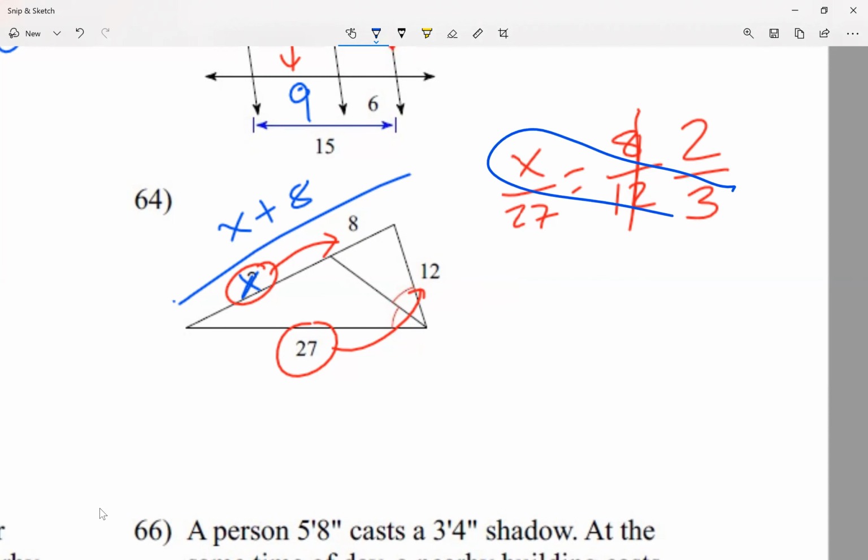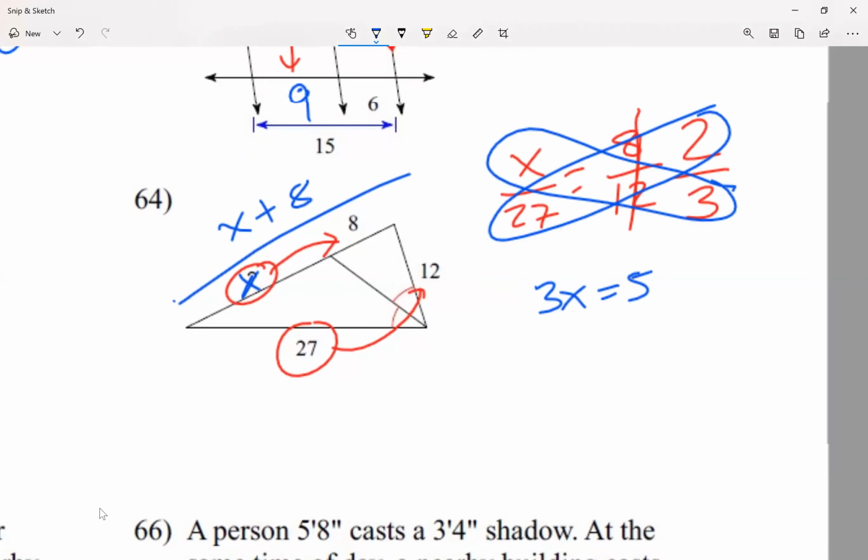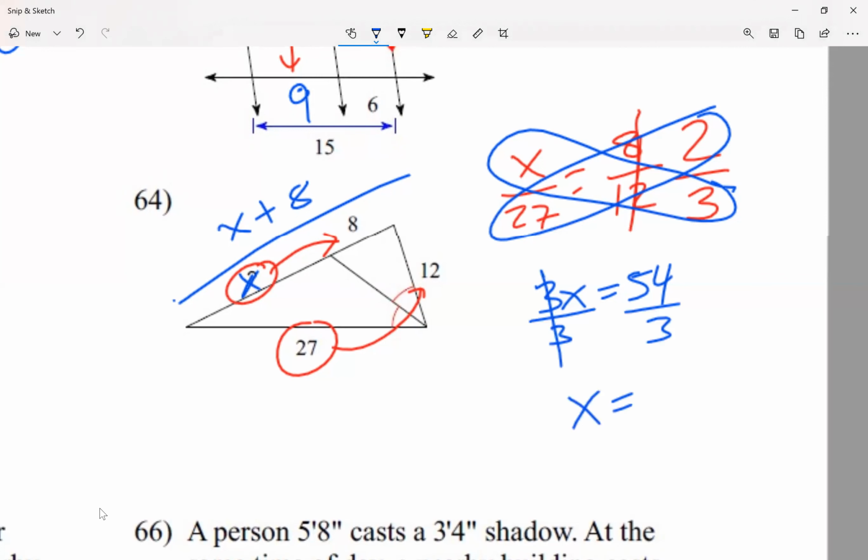When I cross multiplied, 3 times x equals 2 times 27. So I have 3x equals 54. So let me divide by 3, to get the x by itself. So x equals 18. Right? 54 divided by 3 was 18.